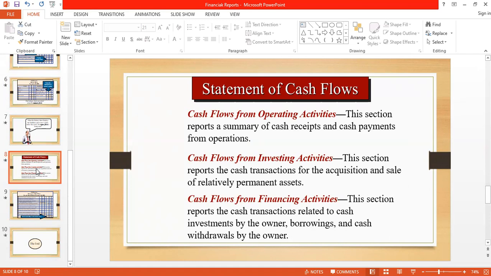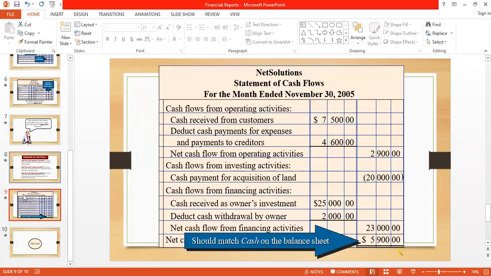If cash is received from owner's equity, investment by the owner, or from obtaining a loan from banks or other financial institutions, that will be recorded under financing activities. Even withdrawal by the owners for personal use or repayment of a loan to banks or financial institutions will be recorded under financing activities.